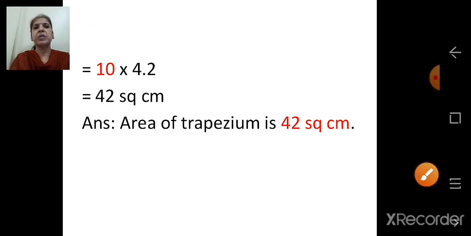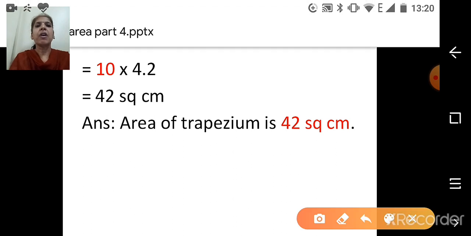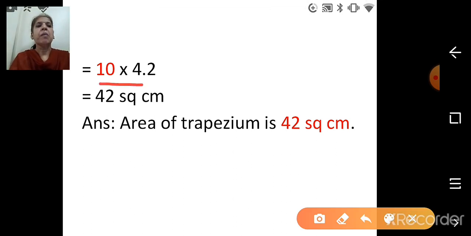So half of 20, that is 10, multiply with 4.2. When you multiply 10 with 4.2, your answer will be 42 square centimeter. How can you do it? If you ignore the decimal, you are just taking 42 into 10, it comes 420.